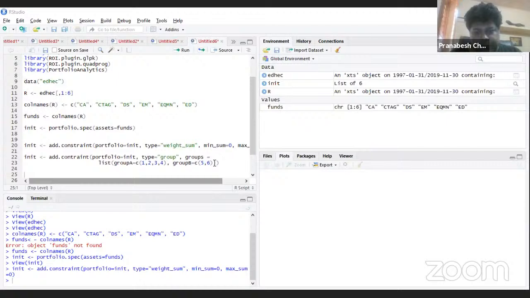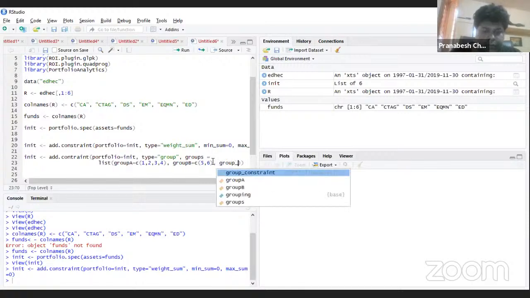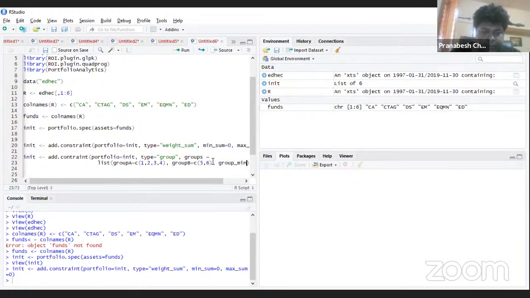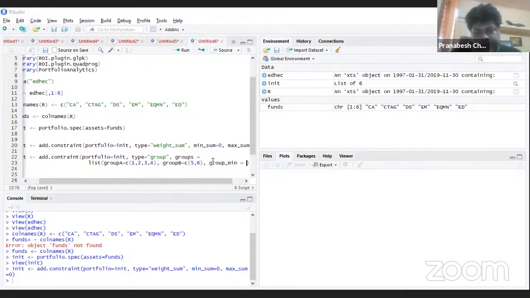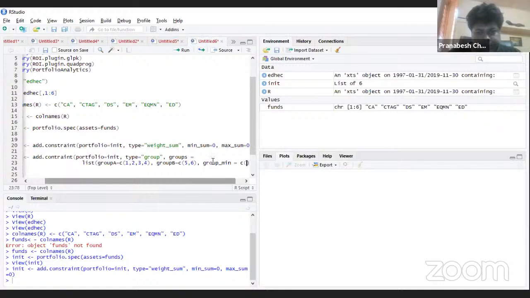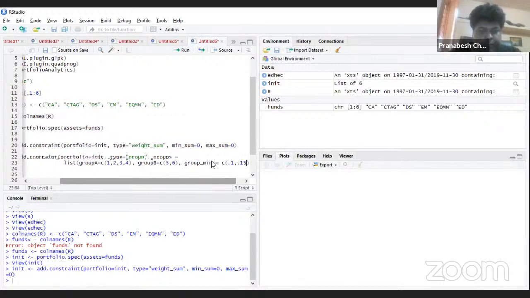Here, what you have to do is give your group min and group max. Group_min equals to, let's say, C, 0.1, 0.15.